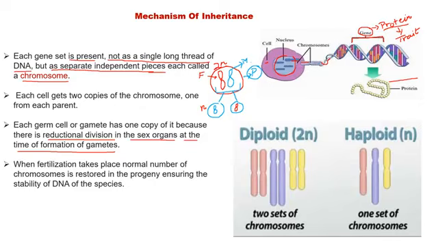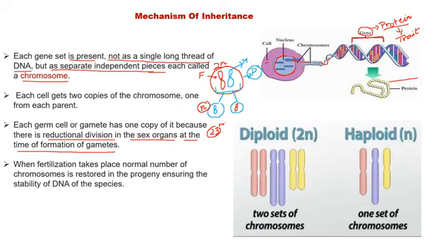When gametes are formed, there is only one set of chromosomes, that is half the number of chromosomes. In human beings we have 46 chromosomes in the individual, but in the gametes there will be 23 chromosomes. That is half the number of the somatic chromosomes, or the chromosomes present in the body cell.